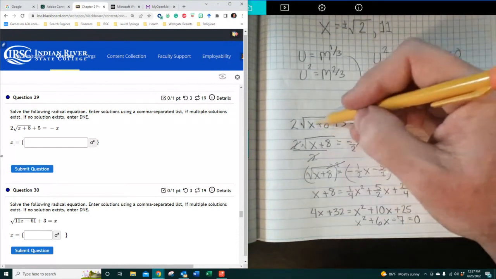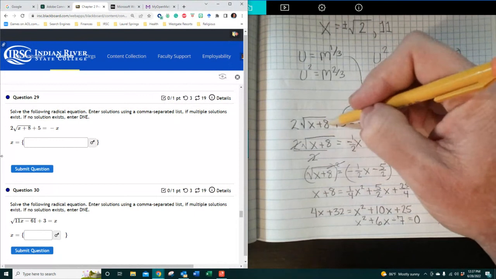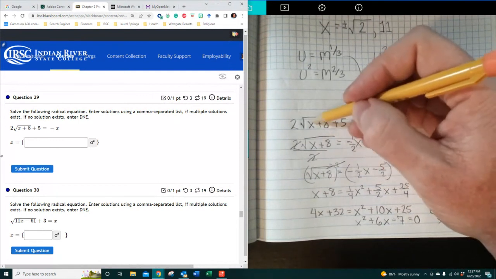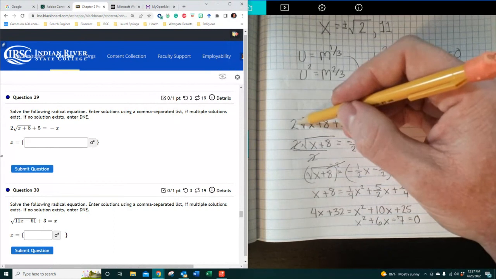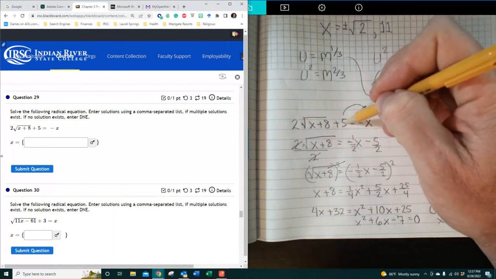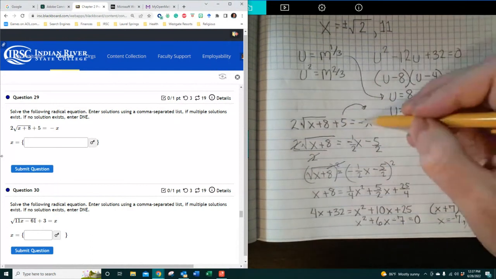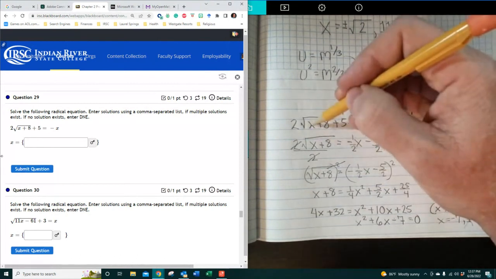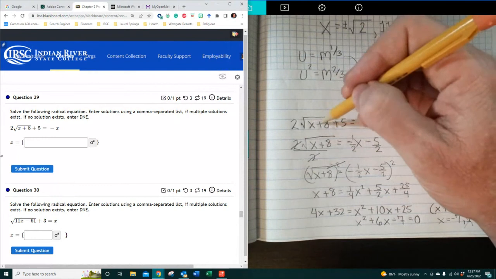Come up here. 1 plus 8 is 9. Square root of 9 is 3. 3 times 2 is 6. 6 plus 5 is 11. And then you have a -1. That doesn't work. Whereas you put in -7, -7 plus 8 is 1.